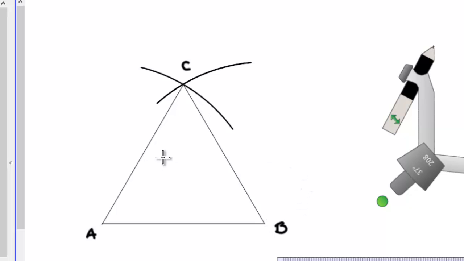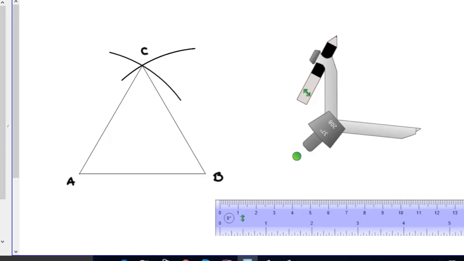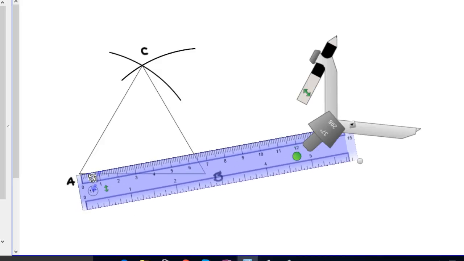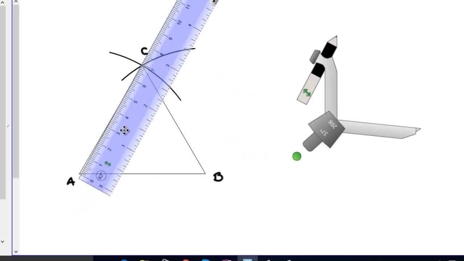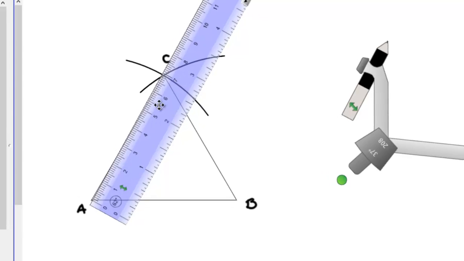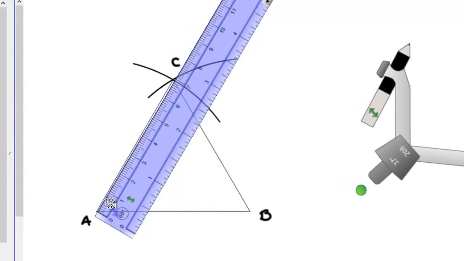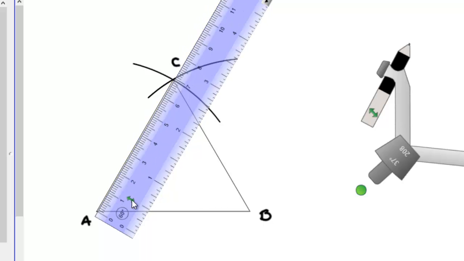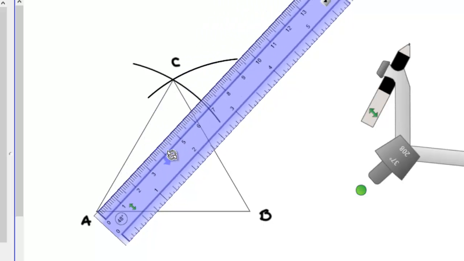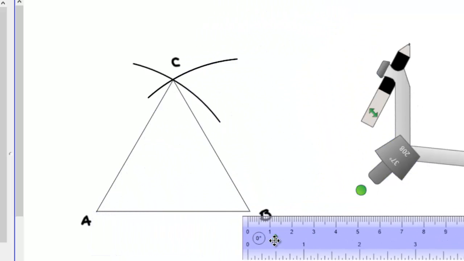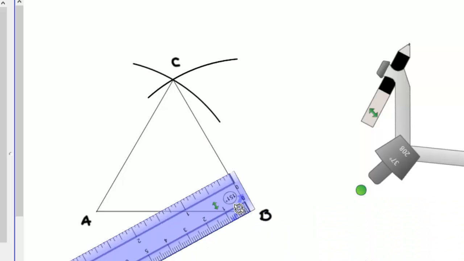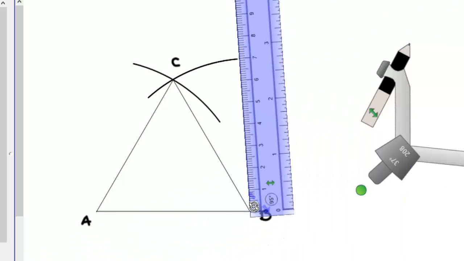Now can I check if I have an equilateral triangle? For sure I can use a ruler. As you can see, if I adjust the ruler exactly on point A, I get a distance of approximately 7 centimeters, and from the other side too, I can bring the ruler to B and check the other side again.